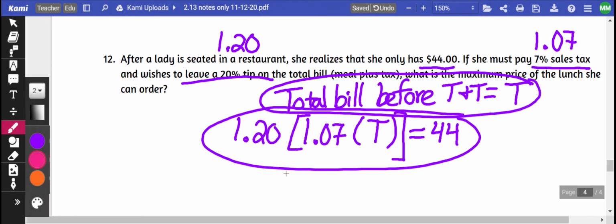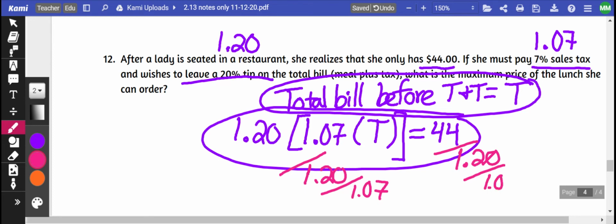And with this one, all that we have on the left side is multiplying. So if you wanted to, you could just do this in one step. Just make sure that you first type in the 1.20.